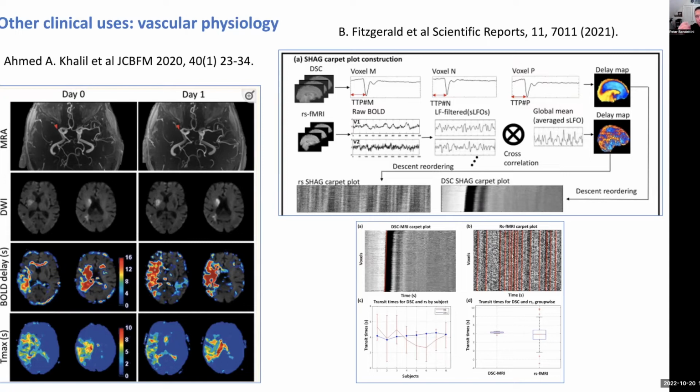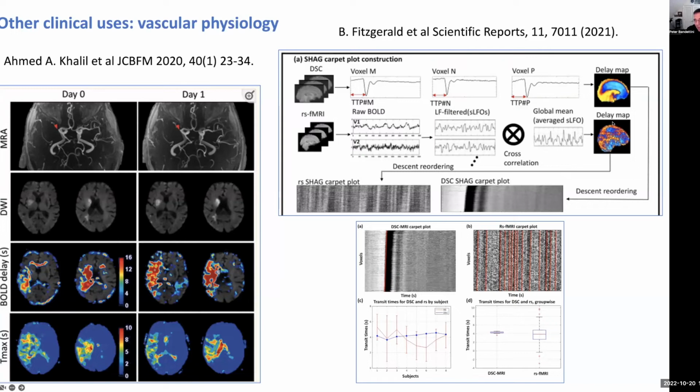The subject takes a breath, or sighs, some sort of global change that changes the oxygenation. If you reorder the time series, you can get a nice sense of the transit time through the brain. That's very clinically relevant, getting transit time based on the delays and how they order with BOLD contrast in the brain.